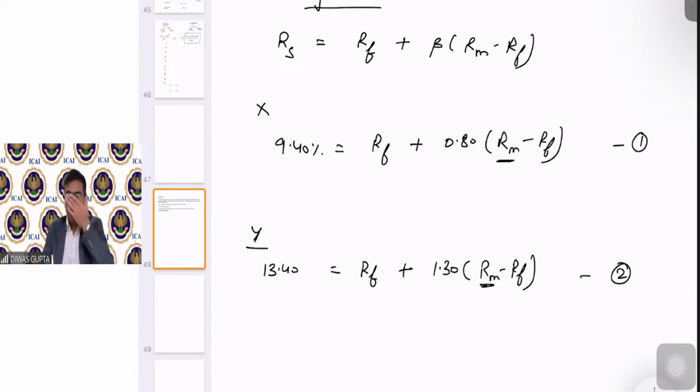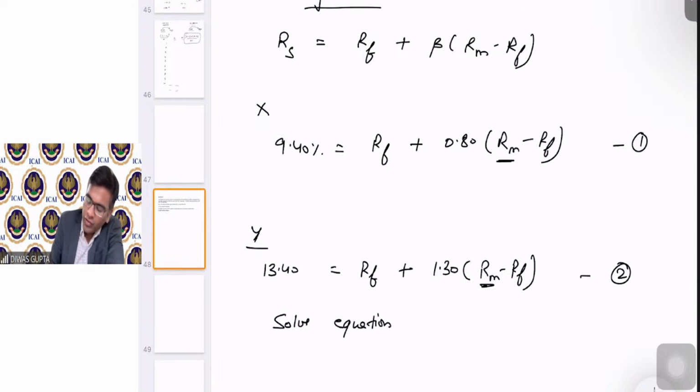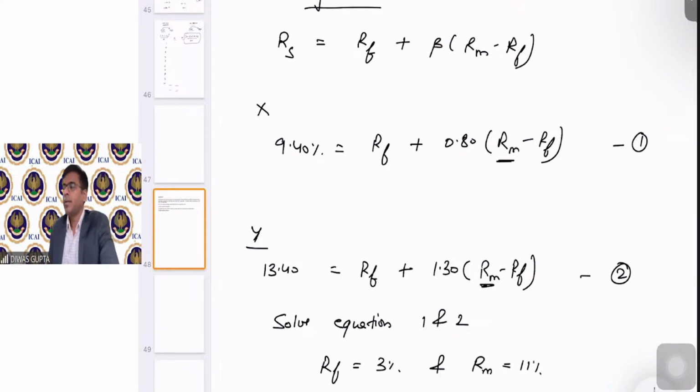Vice versa, we can do any operation. So if we solve equations 1 and 2, we find that the risk-free rate of return is 3% and market return is 11%.